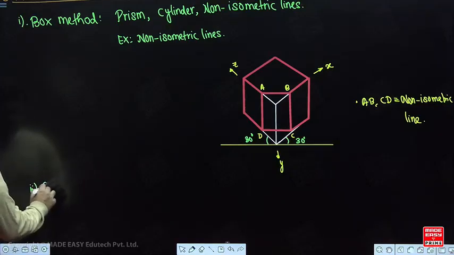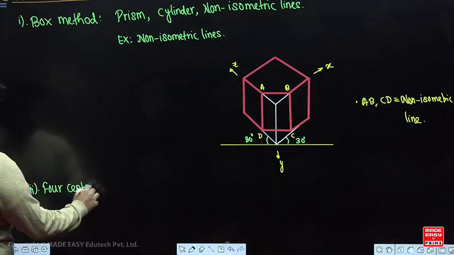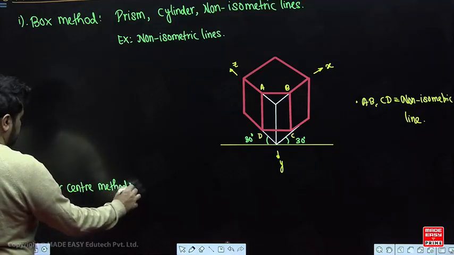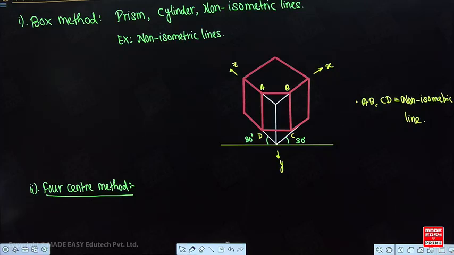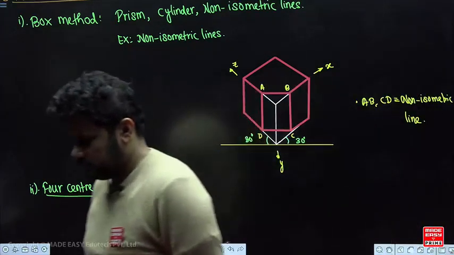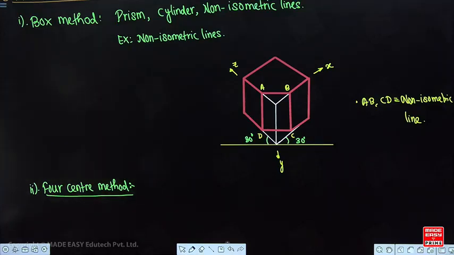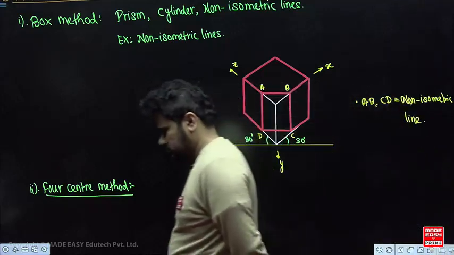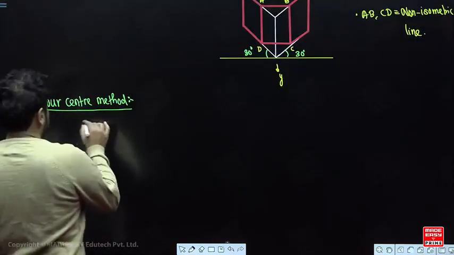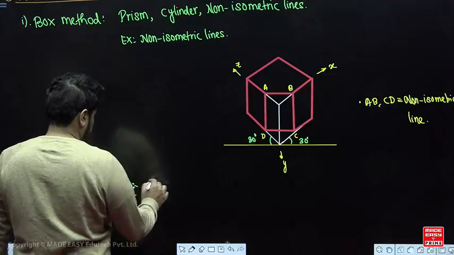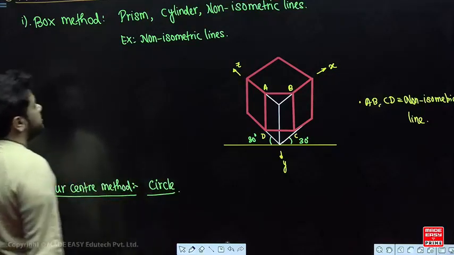Second, it is called as 4 center method. Right, see 4 center method, it is for drawing a circle. 4 center method, it is used for drawing circle.